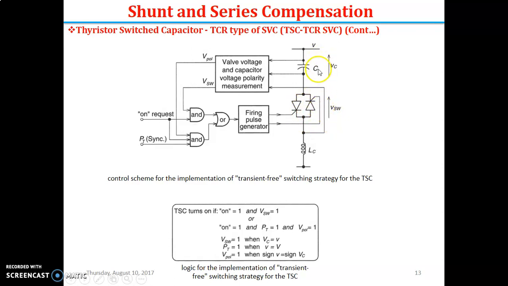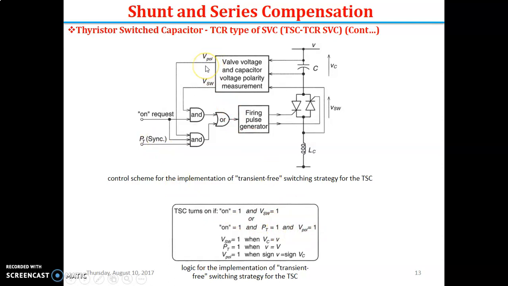That happens when the supply voltage and the residual voltage across the capacitor are in the same quadrant, that is both are positive or both are negative, then this voltage will be minimum. So the second condition arises that we should get the on request and Pt should be equal to 1, and V pole should be equal to 1.